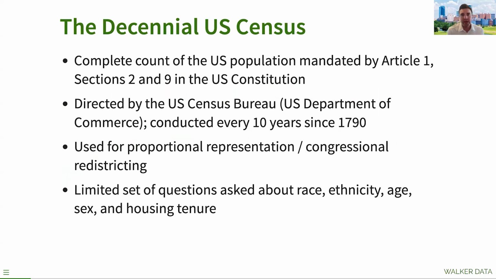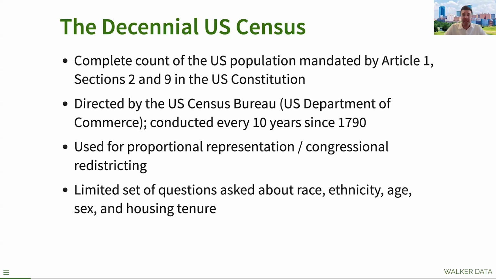So we talked a little bit about our RStudio setup, and we're going to dive in a little bit more now to census data. There are a couple main data sets that you often will work with respect to United States Census data. There are many, many different data sets that you can access and use, but the main ones that we'll be talking about today include the decennial US Census, which is a complete count of the US population mandated in the Constitution.